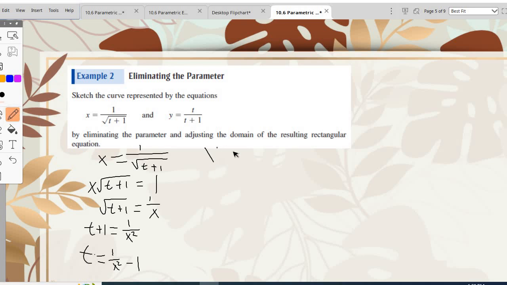So y equals... plugging it in for both t's. So what do we want to do first? Just the bottom is simplified, so it's just 1 over x squared.